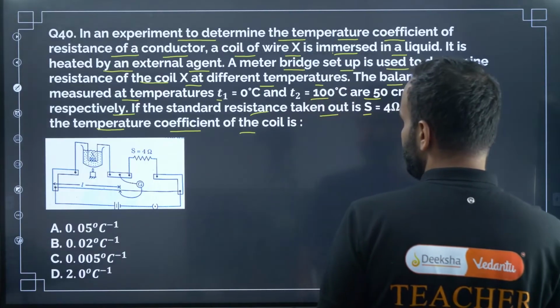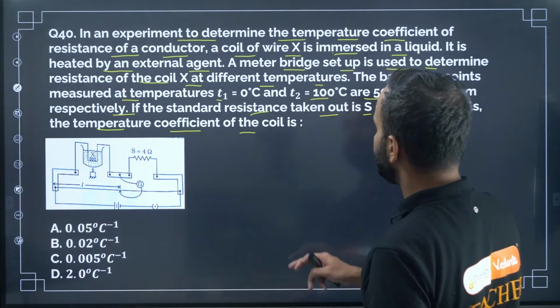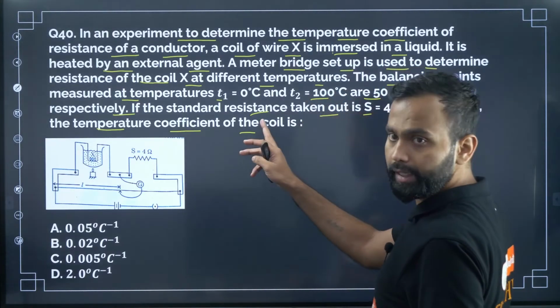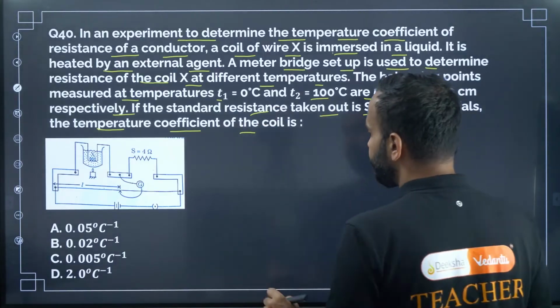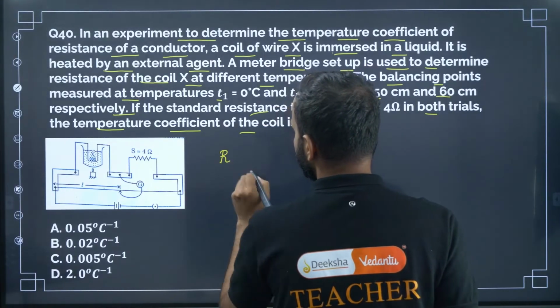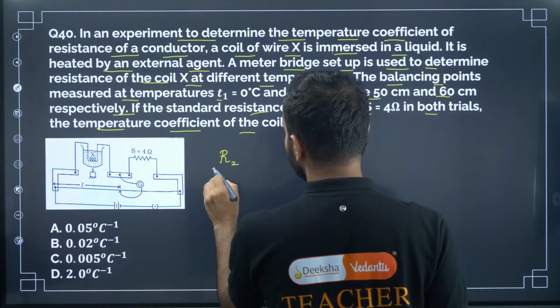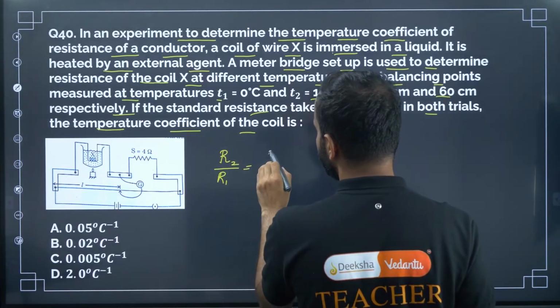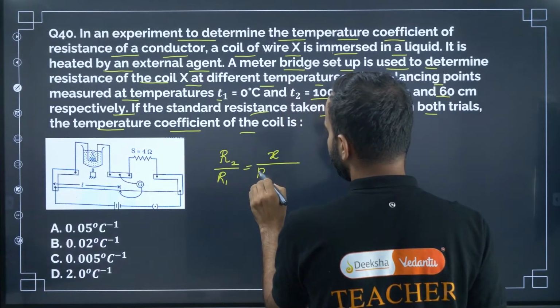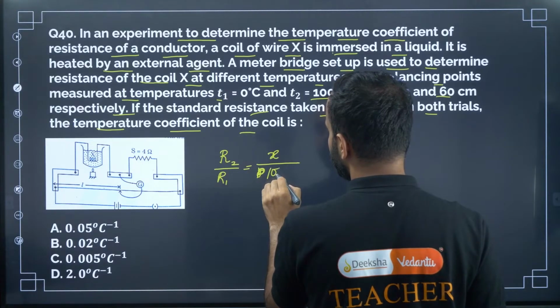Okay, here when temperature T equal to 0 degree Celsius, we know that for meter bridge R2 divided by R1 is equal to X divided by 100 minus X, right?